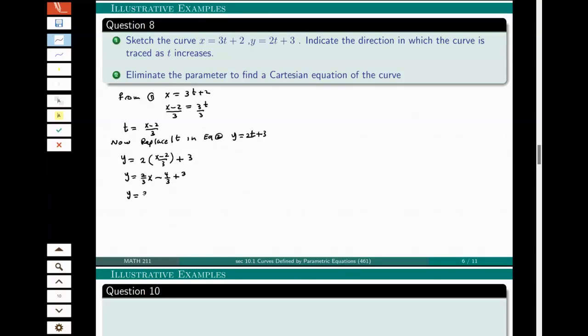So if we simplify it, that will be 2/3 x minus 4 over 3 plus 9 over 3. It will be plus 5 over 3. Now that is a straight line, and you can see if we select any 2 points, we will get the graph as well.